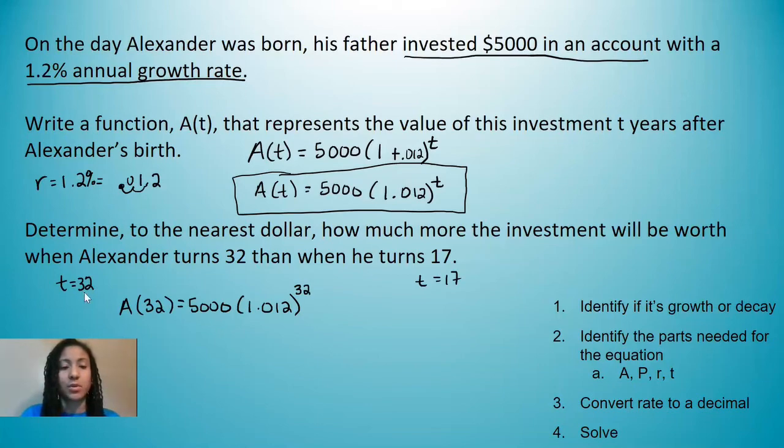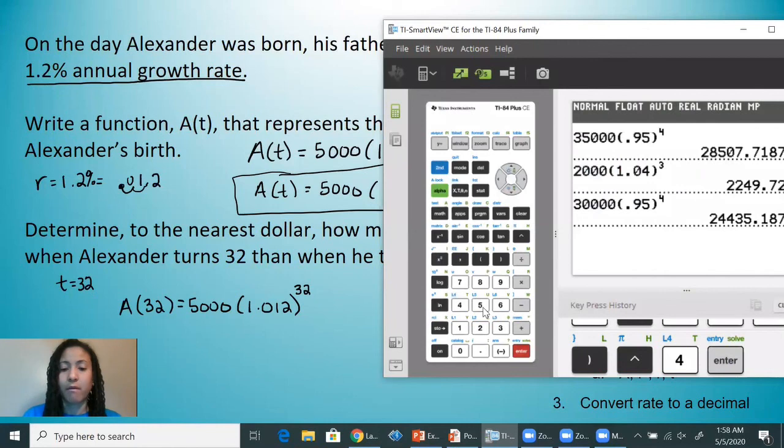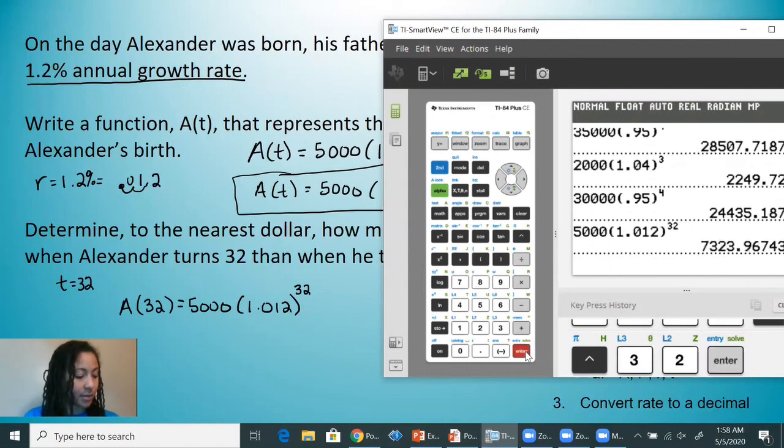So if we're to do that, we have 5,000 times 1.012 to the 32. And we get this big number here: 7323.96743.